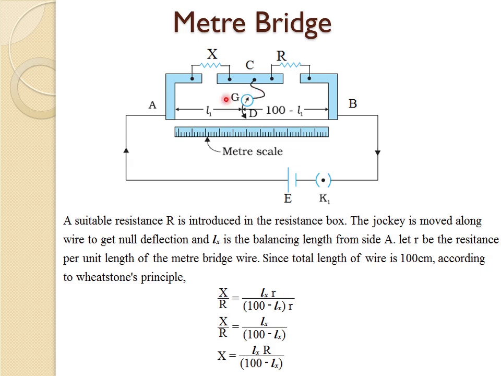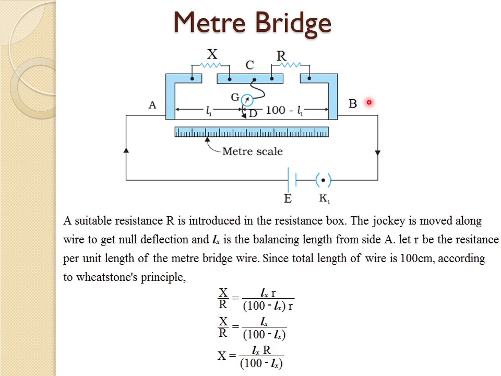So this is a typical diagram of the meter bridge. It consists of a uniform resistance wire AB of length 1 meter stretched on a wooden base parallel to a meter scale. From the figure you can understand this is a 1 meter length wire kept parallel to a meter scale, and we have some copper strips.